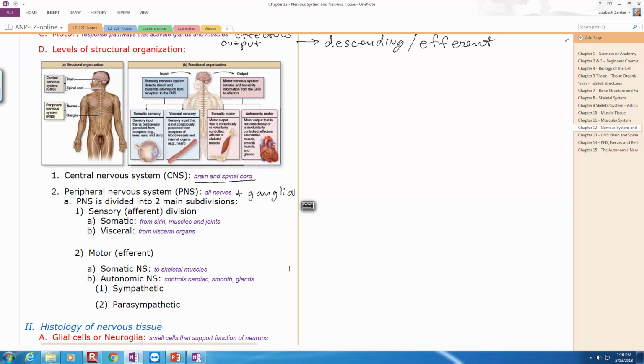Okay. So the two main subdivisions of the PNS are sensory and motor. So notice here is sensory, and there's that term afferent, and motor has the term efferent. It's referring back to what we just saw a minute ago, okay? So with sensory, afferent means receptors are sending information to the CNS, right?